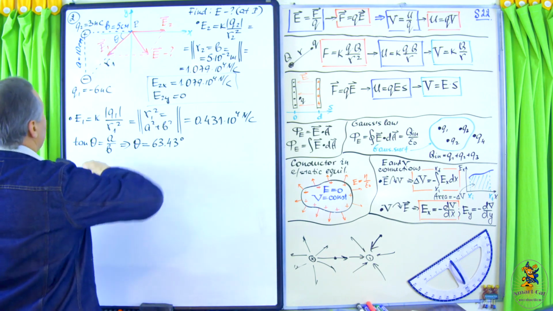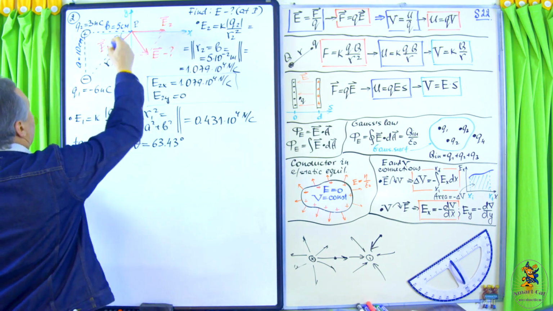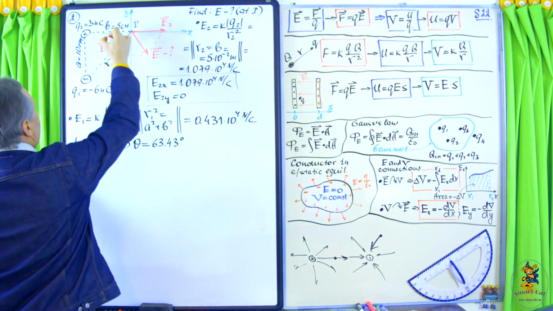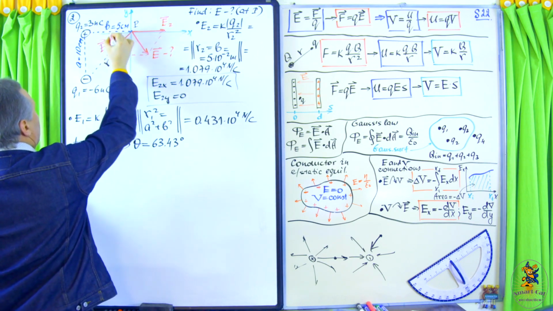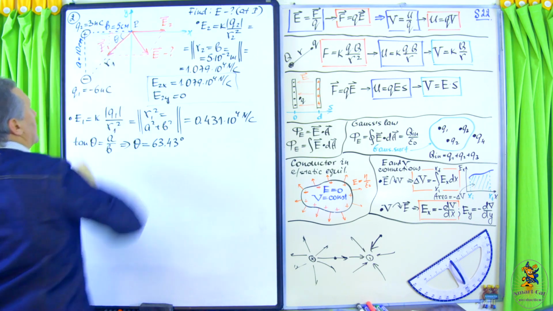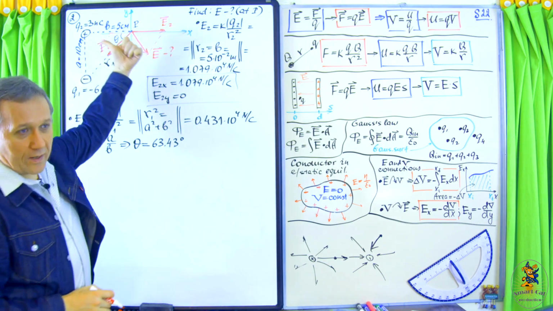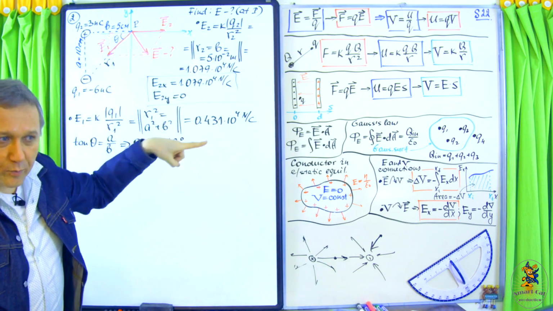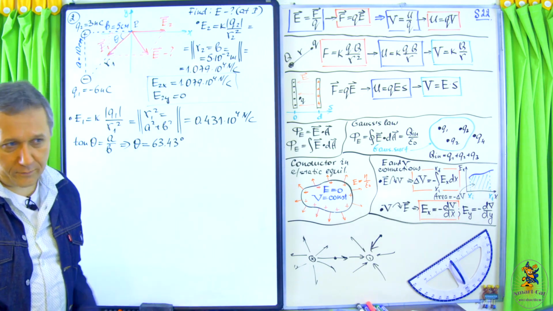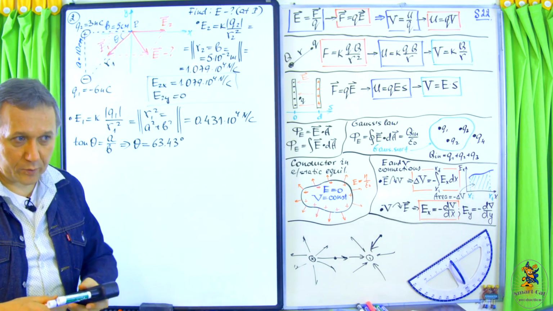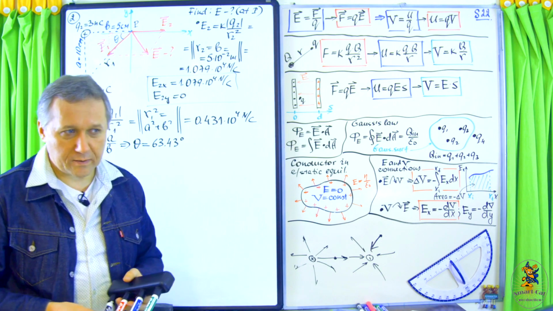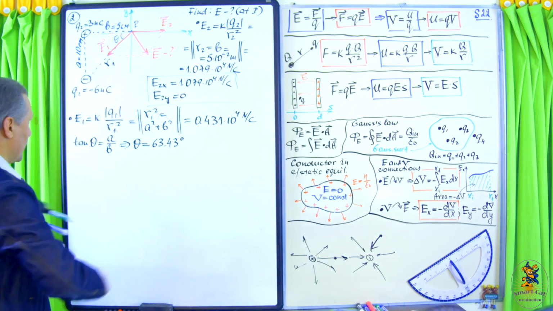So what will be the x component? I will probably use red. So that will be the x component. And you see, the x component points in the negative x direction. So we have to put a minus manually in front of our x component, because automatically from mathematics, that minus is not going to appear.